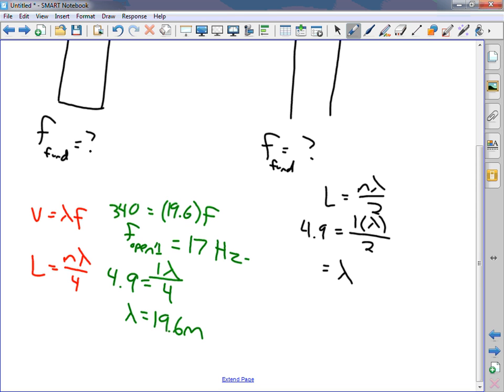What does lambda come out to be? 9.8 meters. Good. So plugging into V equals lambda F, what is the frequency of both sides open? With sig figs, 35 hertz.